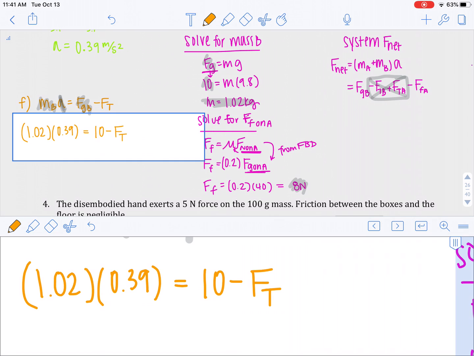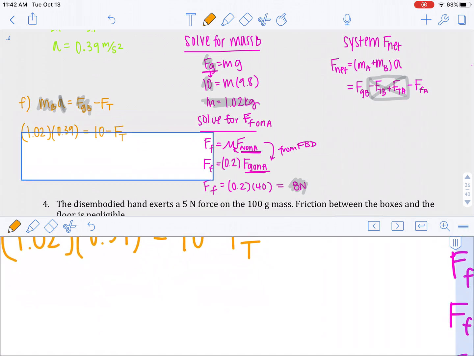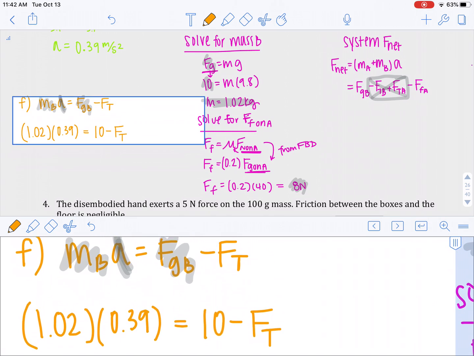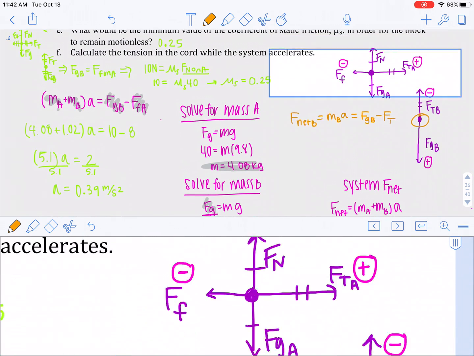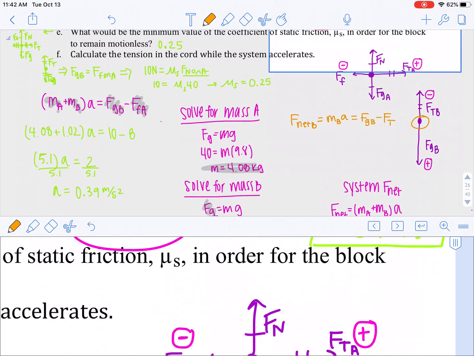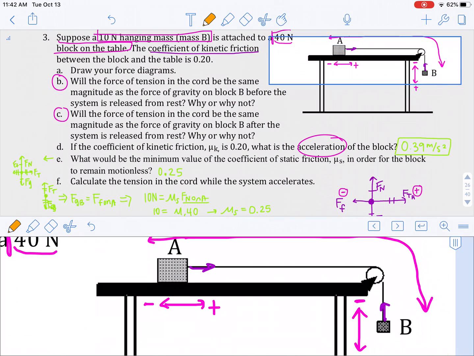So I can solve that problem and get to the force of tension. The reason why the acceleration of A is the same as the acceleration of the system, is the same as the acceleration of B, is because you can imagine those different spots on the string as the system accelerates and moves. Parts of that string can't be moving at different accelerations, or else we would see slacking in that string. We wouldn't see that uniform force of tension throughout a string that we always see.